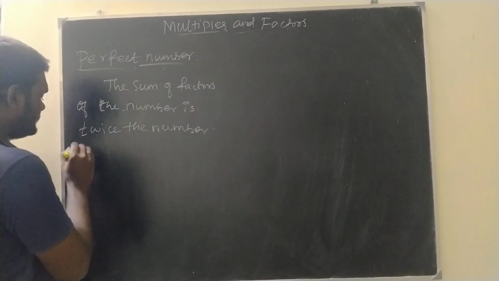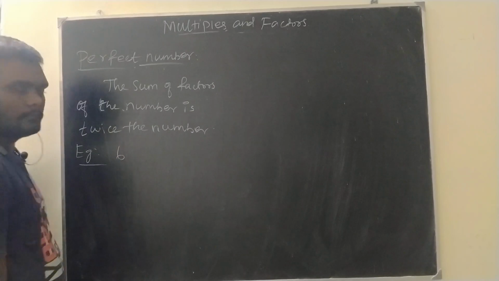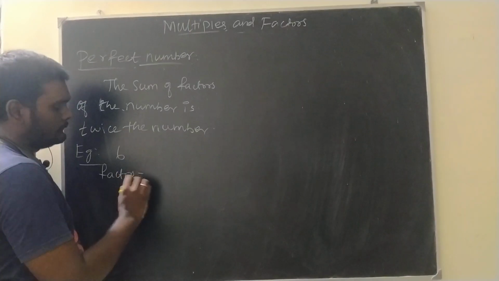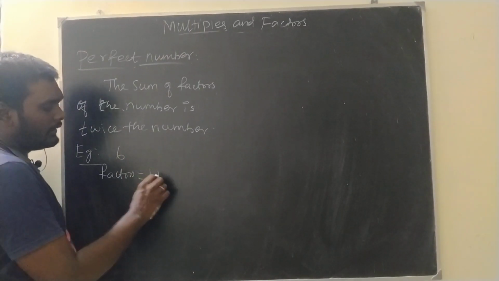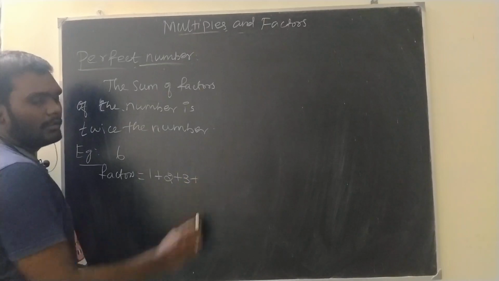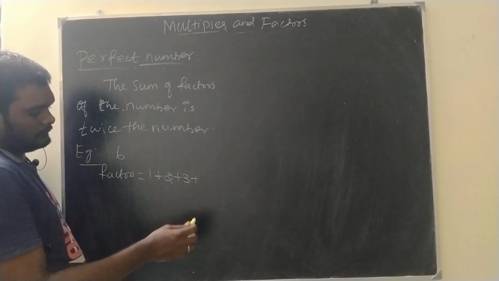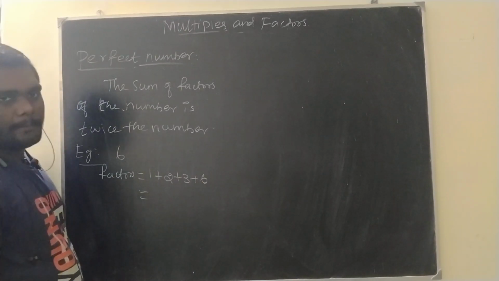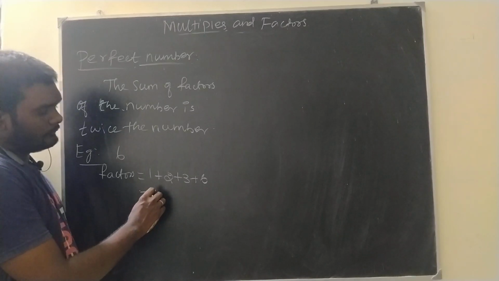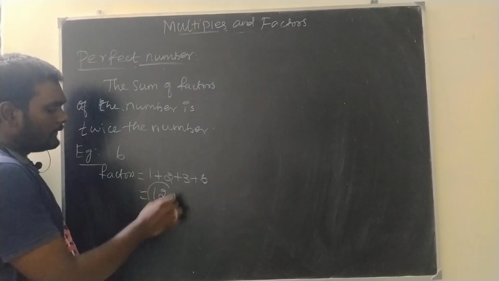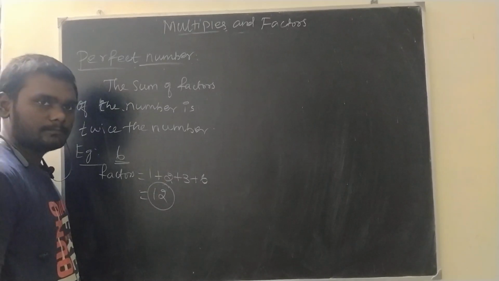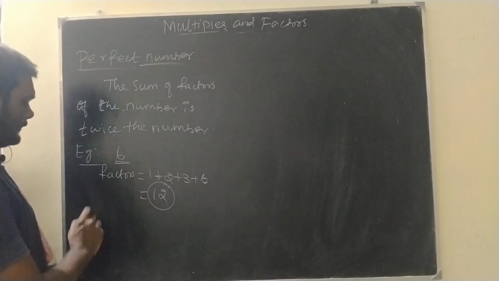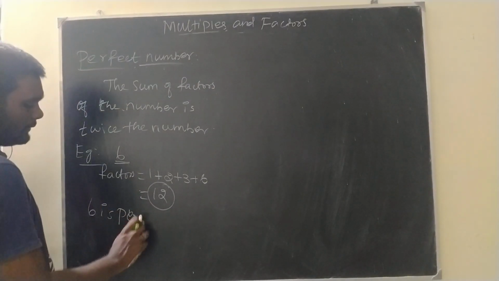For example, take 6. List out the factors of 6. 1 is a factor, 2 is a factor, 3 is a factor, 6 is a factor. At last, when you add all the factors, what are you getting? 12. Is this 12 two times the given number or not? Yes, it is. So therefore 6 is a perfect number.